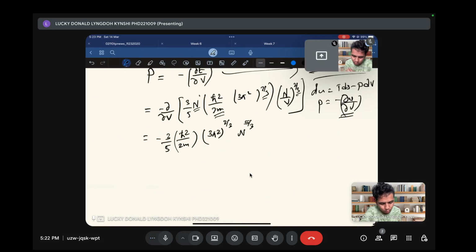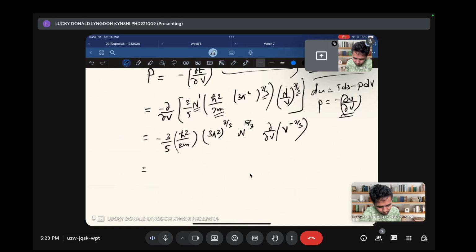Because n here is power 1 and you have to add 2 by 3, so you get 5 by 3. And now the only term that you have to differentiate is del by del v of 1 by v to the power of 2 by 3, or in other words, I will just rewrite it as del by del v of v to the power minus 2 by 3.